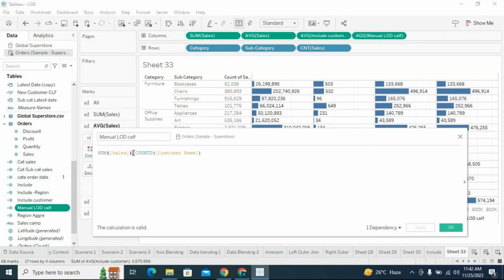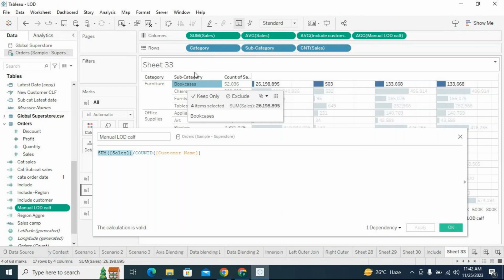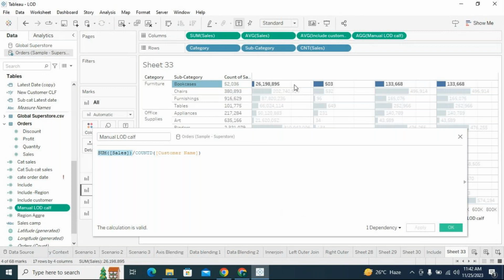As per my understanding, sum of sales of the customer gets included into the report level dimension. Obviously, sum of sales will be the same whenever you use include in the report. What you are doing here is that the average is calculated based on division by number of records. Here, the average is calculated based on division by number of customers. So count distinct. Distinct count means what? Distinct customer count. There will be no duplicates.